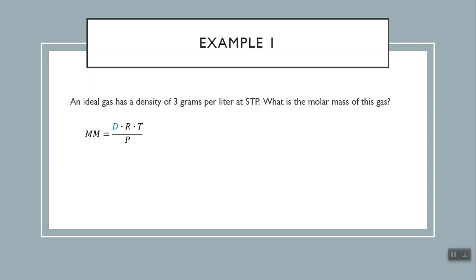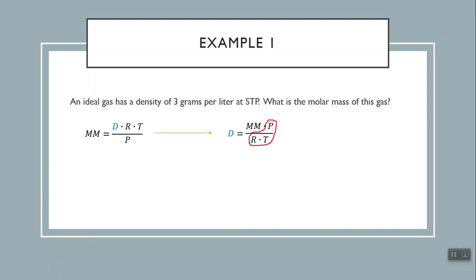Previously, we derived our ideal gas law so that we are able to solve for molar mass. You could plug in all your values and solve for molar mass, but what we just figured out gives us 22.4 liters per mole.